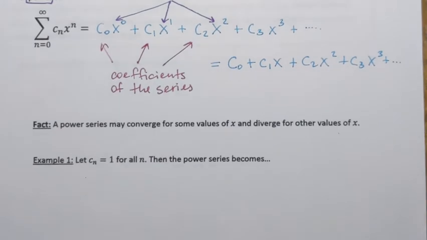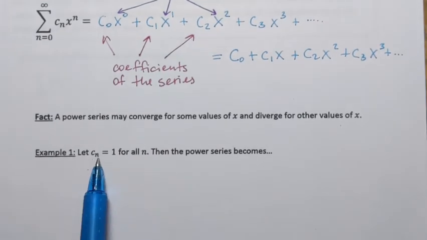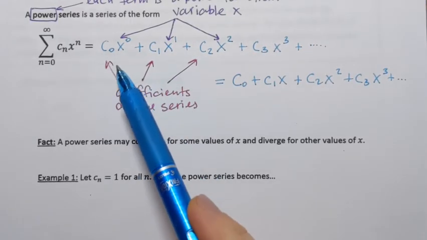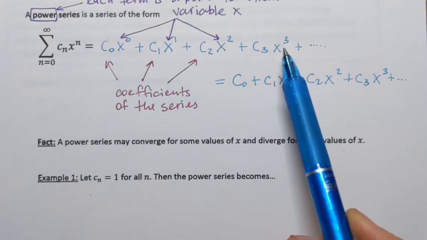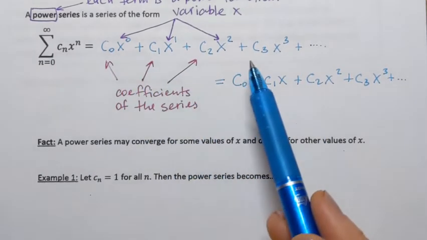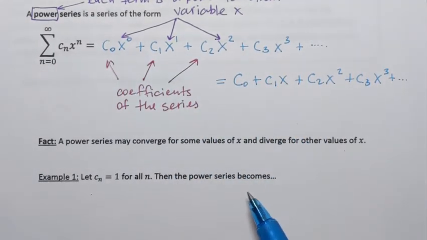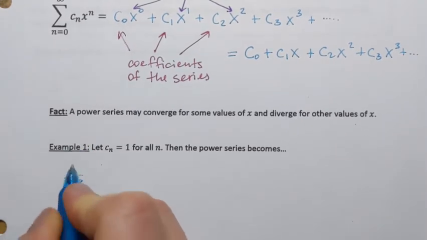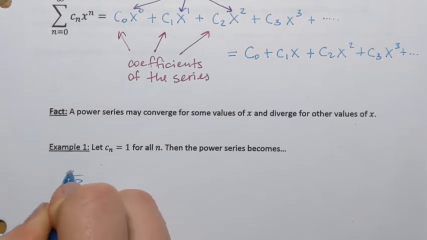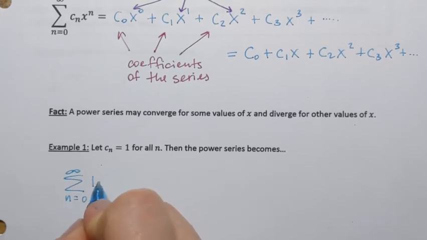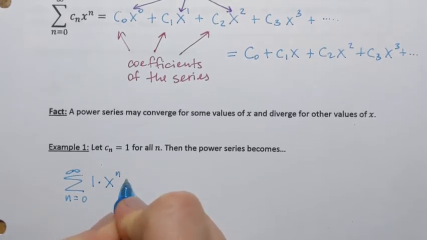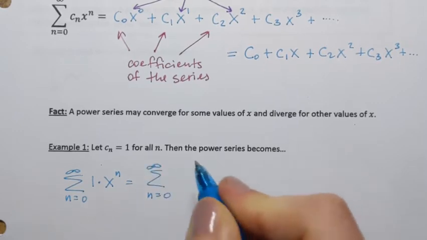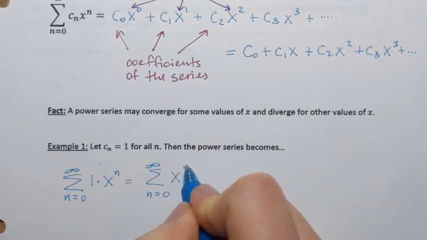We're going to do the following example, where we're going to let c sub n be equal to 1 for all n. That means that all the coefficients are 1s, which means that we don't really need to write them. So then the power series becomes, well, that's going to be the form. Power series, n goes from 0 to infinity, 1 times x to the n, or of course I can just drop 1 and say x to the power n.